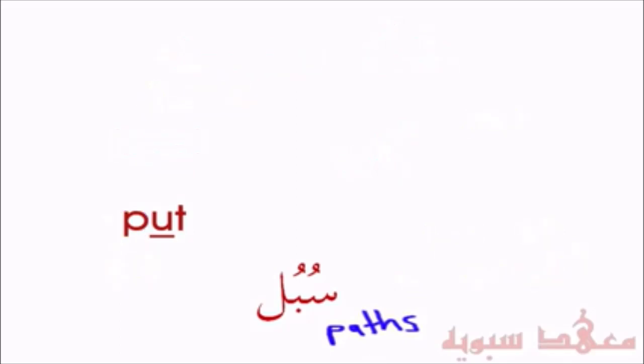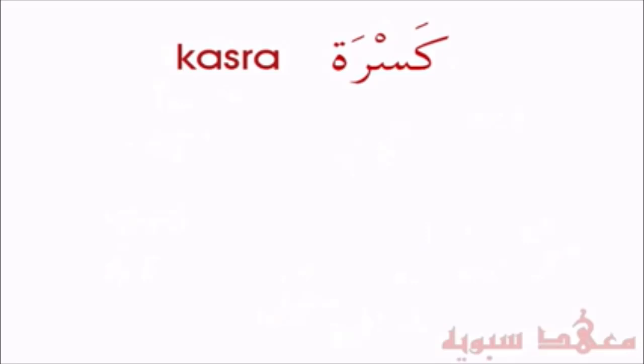Let's get to the kasra. The kasra, as we showed you, is a line at the bottom of the letter, and the sound it has is like the I in the word sit. So it's an E sound. If I transliterate that into Arabic, it's like that.